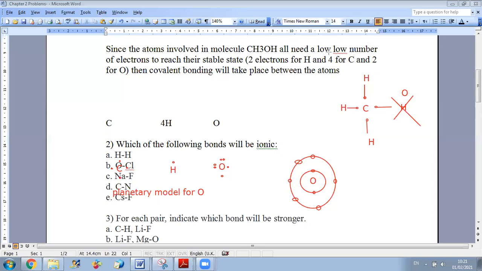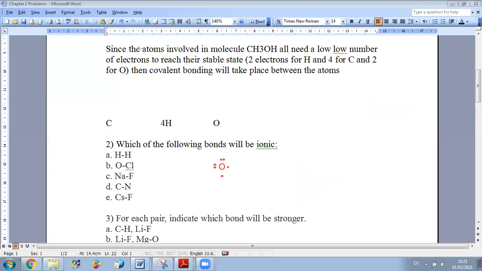So let me draw it again. So this is C. C will share electrons with 3 H atoms. Just one thing, you have certain angles between the bondings, but you are not responsible for knowing these angles. So I will consider right whatever you do. Just show me which atoms it is connecting to.